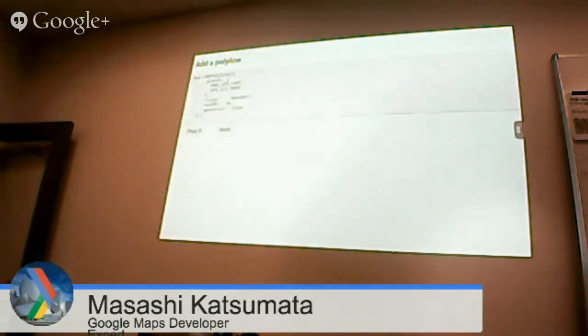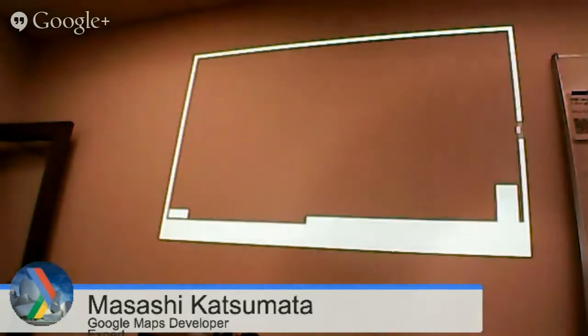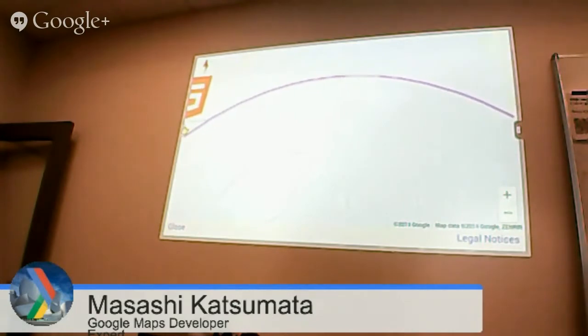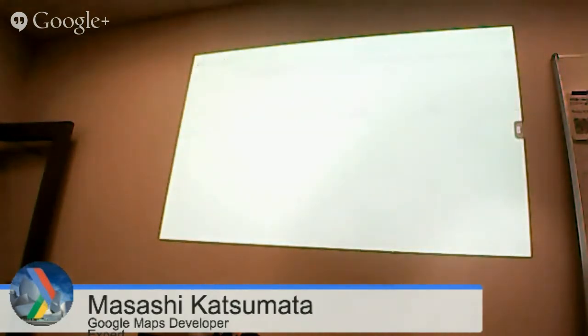For a polyline, you can pass the points, color, and other parameters. Like this. Polygon is almost the same.